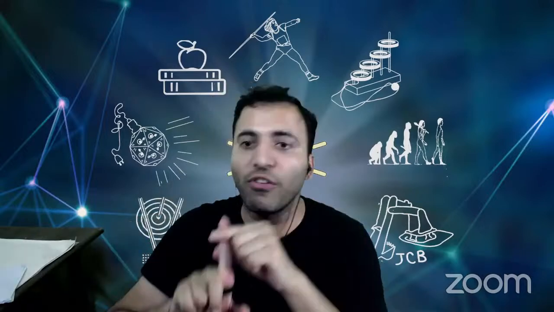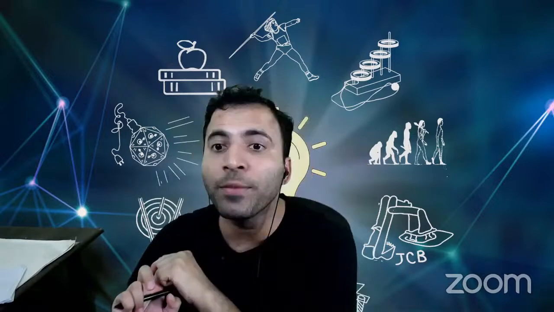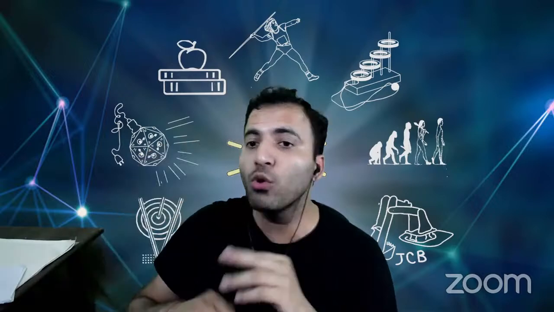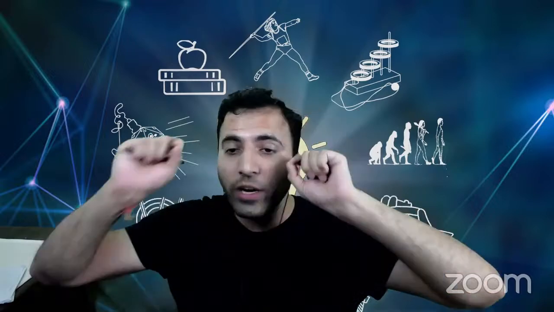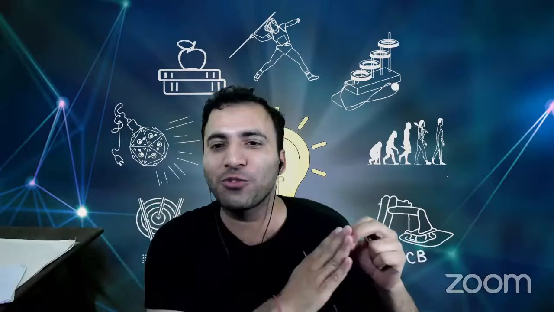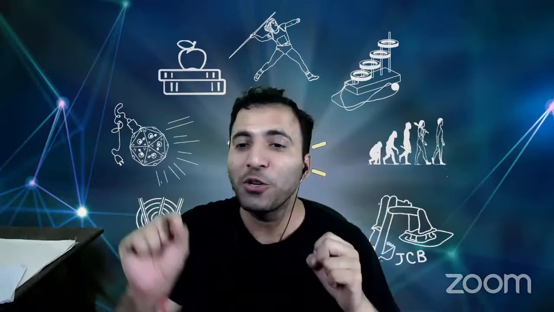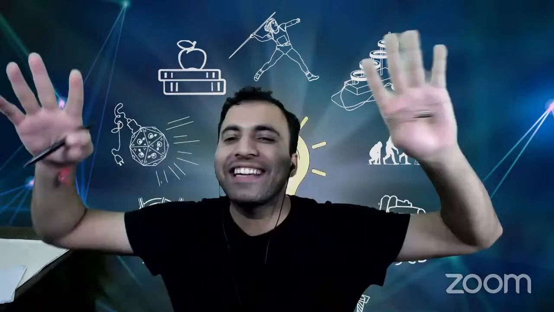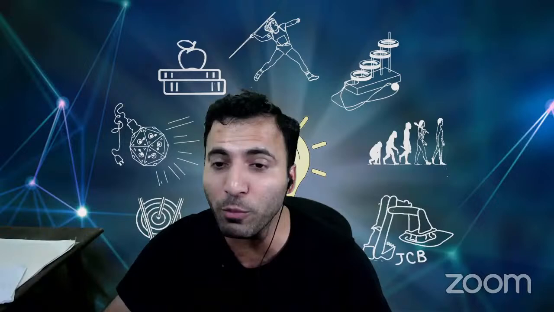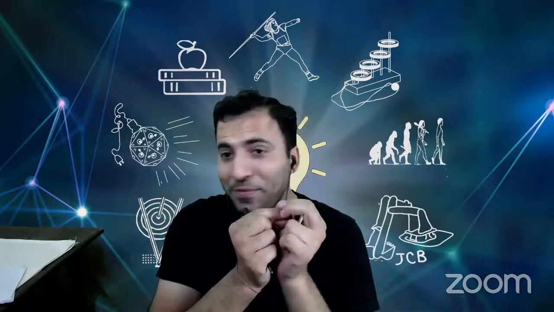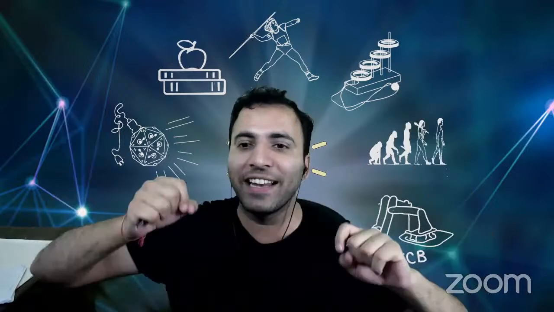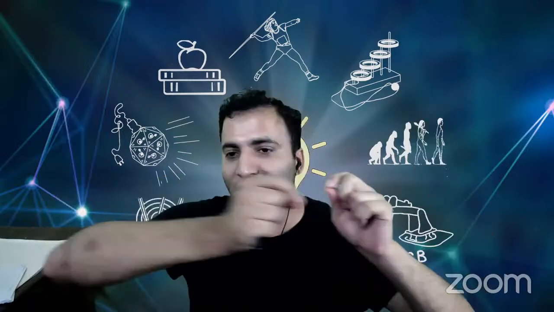The question is, given a P, how do I define its coordinates on an XY plane? Then I would require a distance along X and a distance along Y. So for that, I require two parameters. If the point P is in three dimensions, then along with X and Y, I also need to define its height from the XY plane.